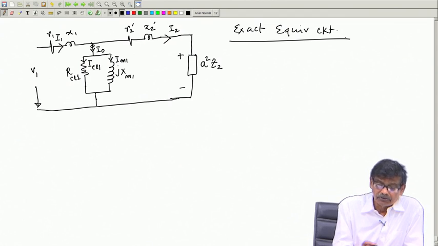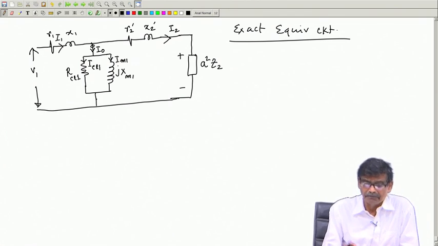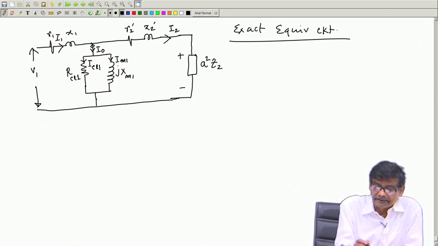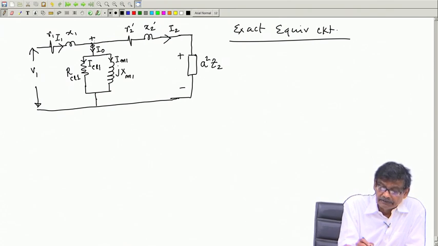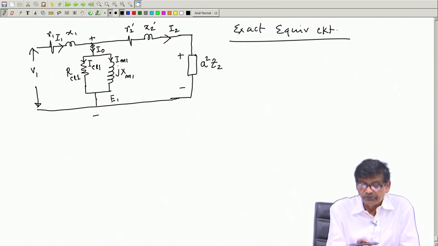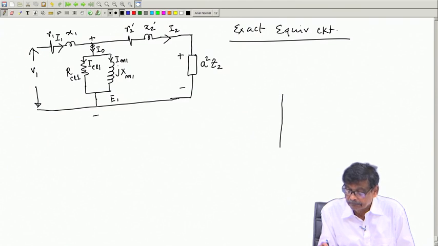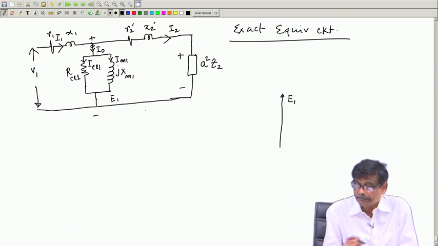Let us see how to draw the phasor diagram, which we will not be doing in fact, but let us see. Suppose this voltage is E 1. You start with this voltage to draw the phasor diagram. This is E 1, referred to the primary side.